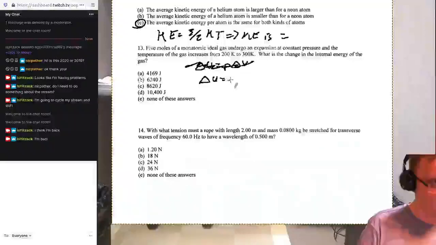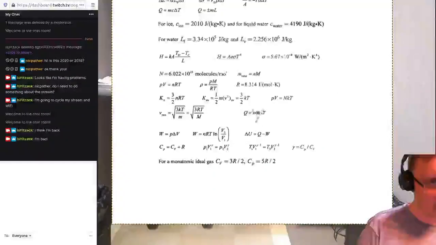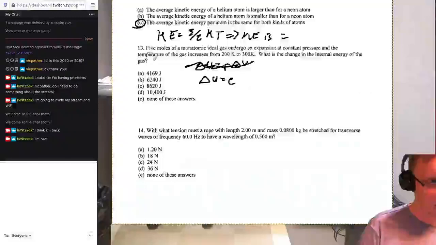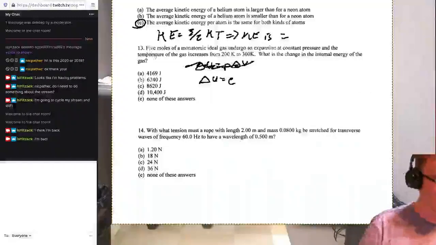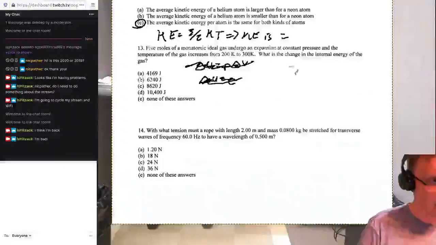Scratch this out. It's basically Q here, nC delta T. Scratch that out. Delta U is equal to nC delta T.